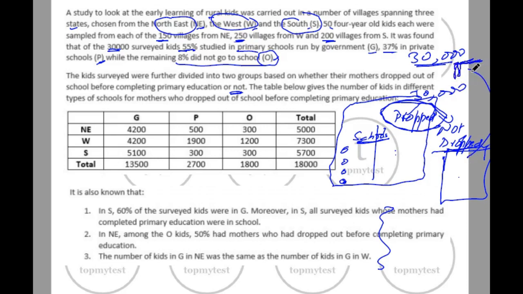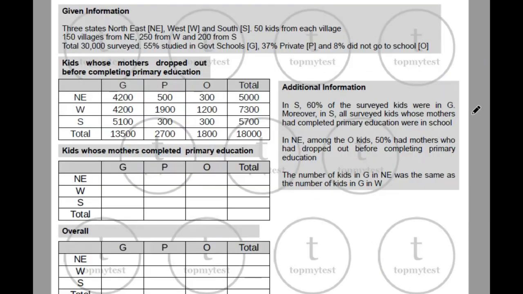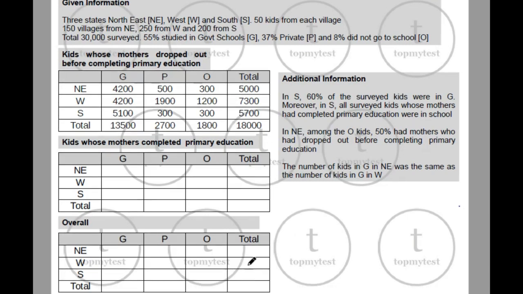As you can see this is 18,000, so this total should be 12,000 who did not drop out. I have created a table over here where we can look at the figures. So total here will be 30,000. This is 18, so this should be 12,000.